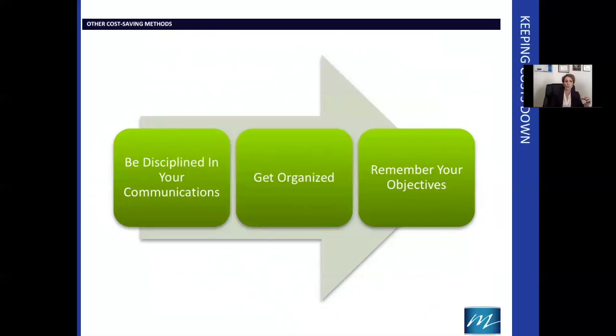And the line isn't always clear. I also talked last week about how learning about somebody's sex life led to an annulment instead of a divorce and saved all this money. So I'm giving you contradictory information here, I understand that. But anyway, be disciplined in your communications. Don't reach out every 5 minutes. Save them up for maybe a weekly email or something like that.